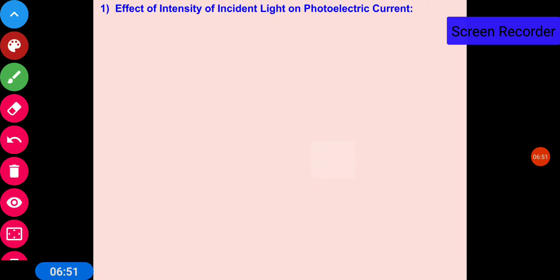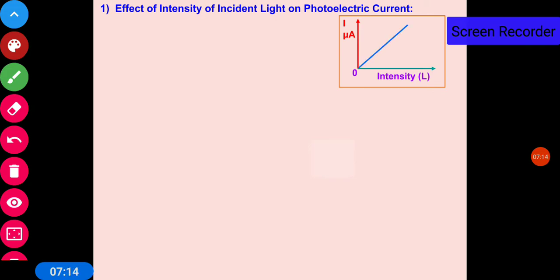Now let us discuss the results of the photoelectric experiment, or the observations seen during it. First, the effect of intensity of incident light on photoelectric current. It was observed that when we draw a graph between intensity and photoelectric current, it is a straight line.